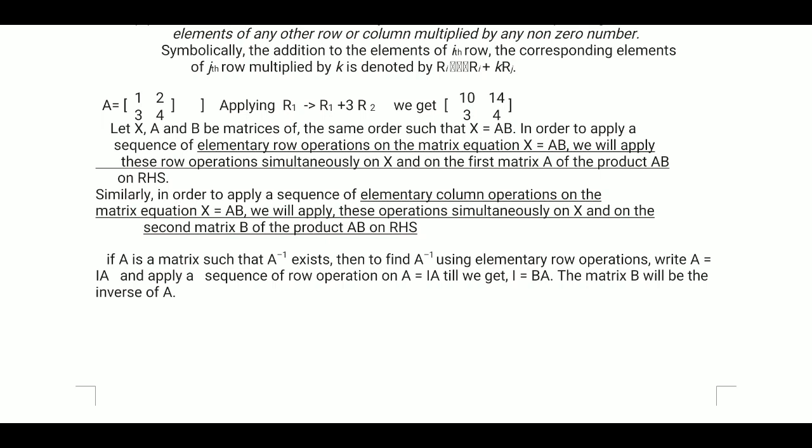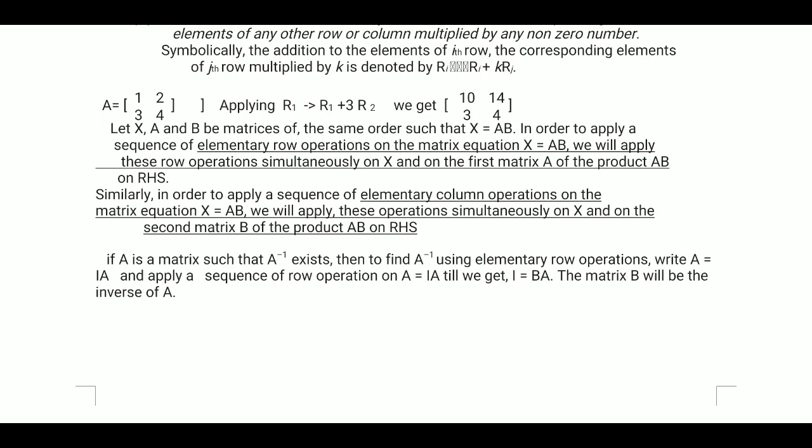Now recall the concept of inverse matrix. If A is a matrix such that A inverse exists, then we find A inverse using elementary row transformations. The question is asked this way: using elementary row transformation, find A inverse.